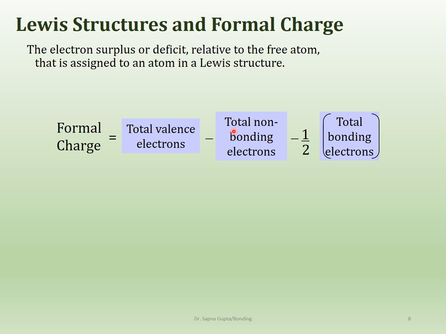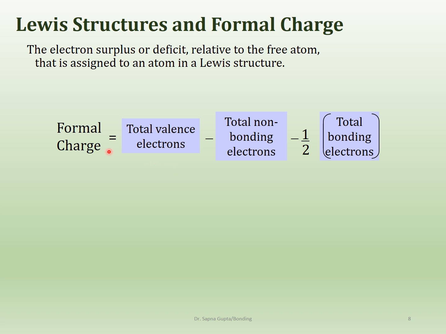You take the total number of valence electrons, you take the total number of non-bonding electrons, those are the ones that were outside, remember the lone pairs of electrons, and you also subtract half of the bonding electrons, for each element.